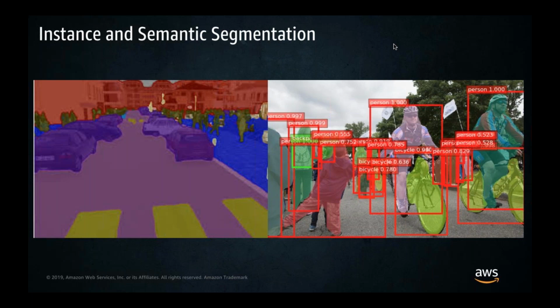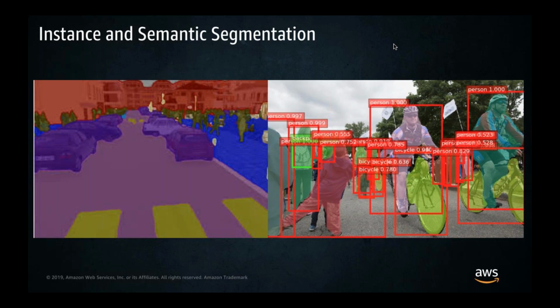The picture on the left-hand side here demonstrates semantic segmentation. Think of semantic segmentation as a granular form of image classification. Image classification assigns the entire image to a class, while semantic segmentation classifies each pixel in an image to a class.